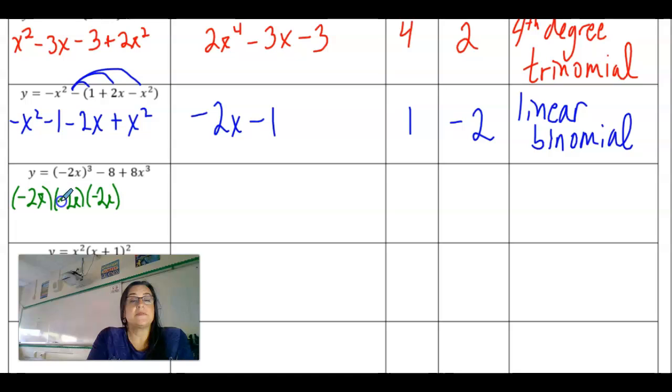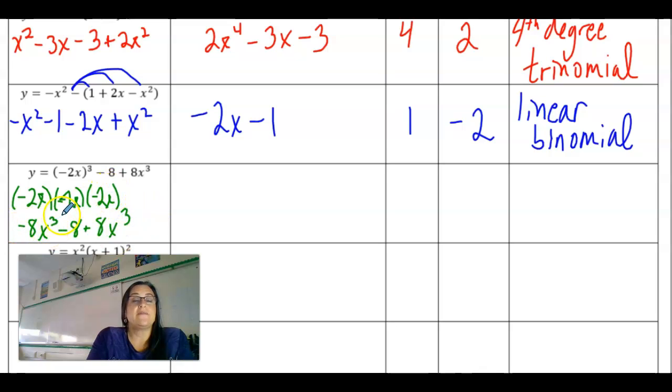Negative 2 times a negative 2 times a negative 2, that's a negative 8x to the 3rd power. Okay, then minus 8 plus 8x to the 3rd power. So negative 8x cubed, then minus 8 plus 8x cubed.